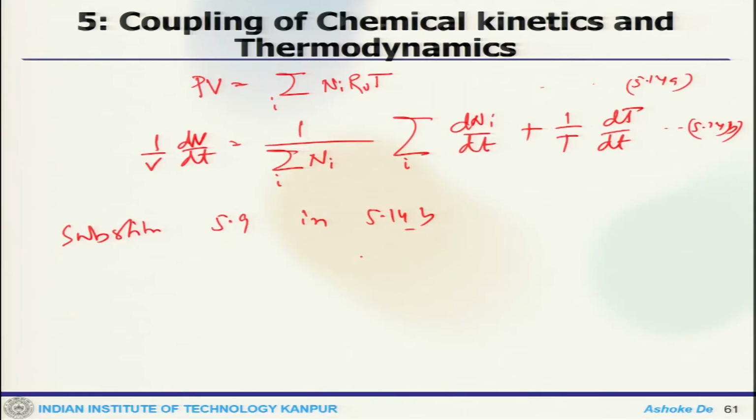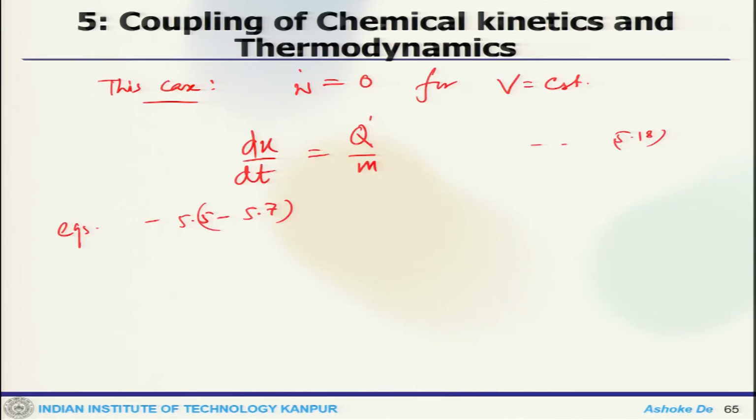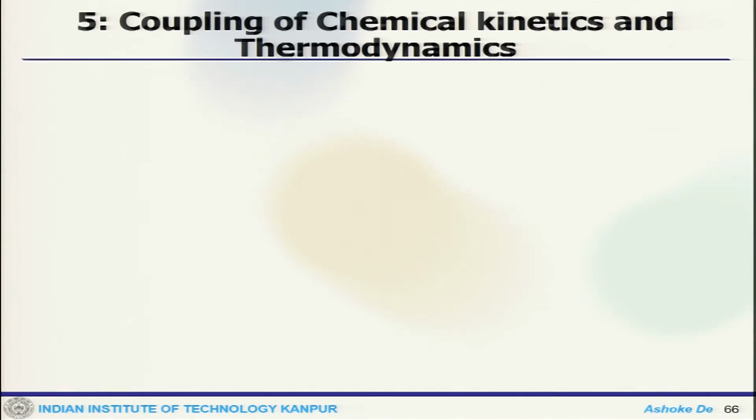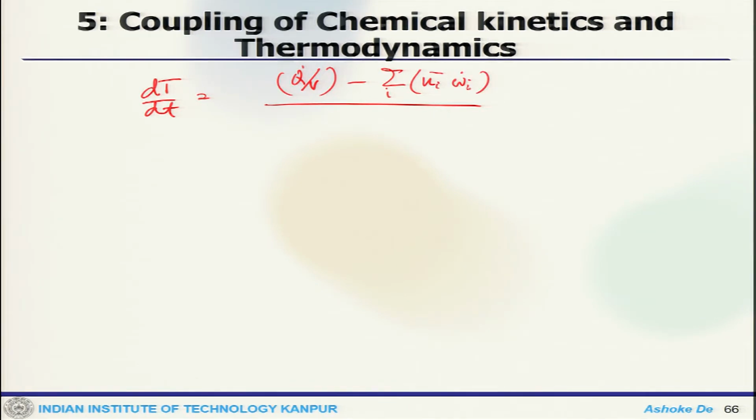All these would be applicable and we can put them into this equation to get that dT/dt would be q dot by V minus the summation of u_i omega dot i, divided by the summation of Xi Cv_i.